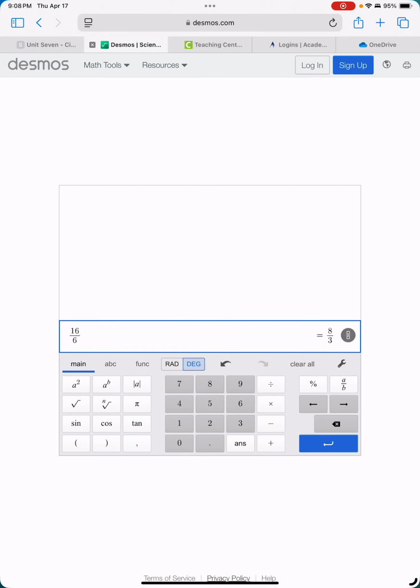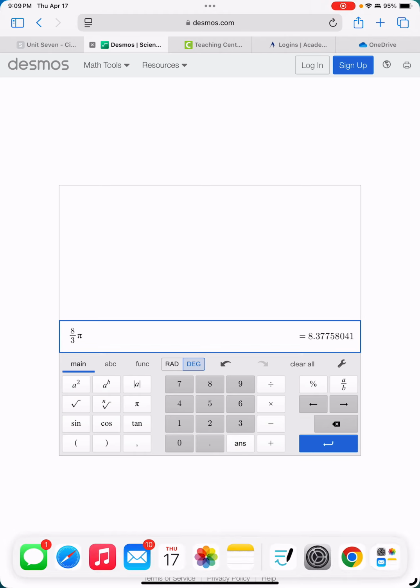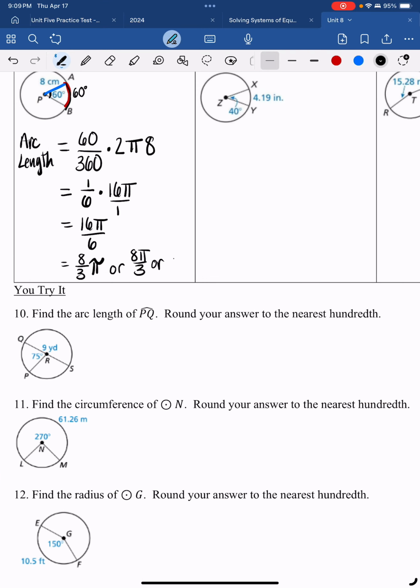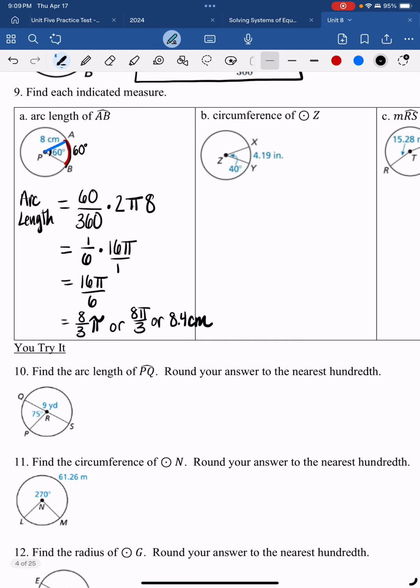We can put this in our calculator. 8 divided by 3 times pi. So it's about 8.4 centimeters for that arc length. So all equivalent answers: 8/3 pi, 8 pi over 3, or 8.4 centimeters. So that would be how long that arc is.